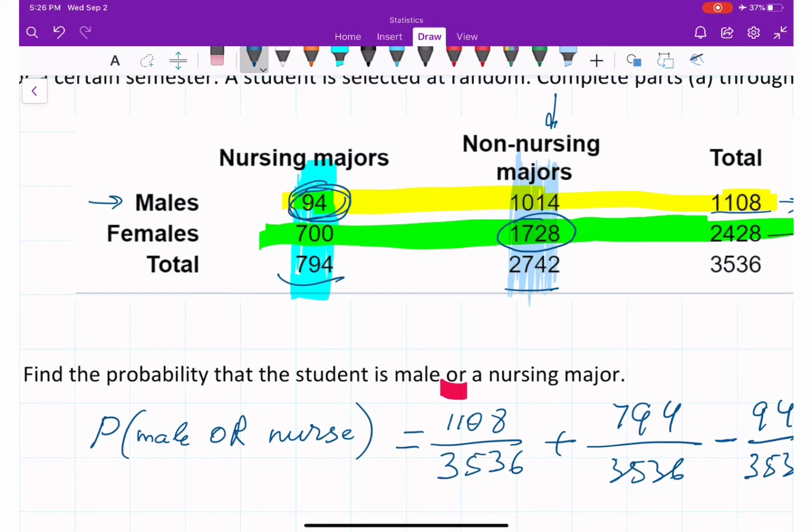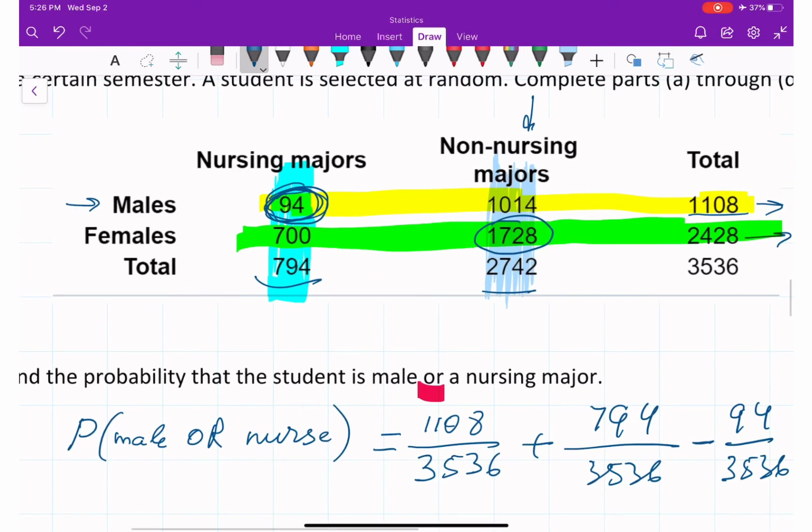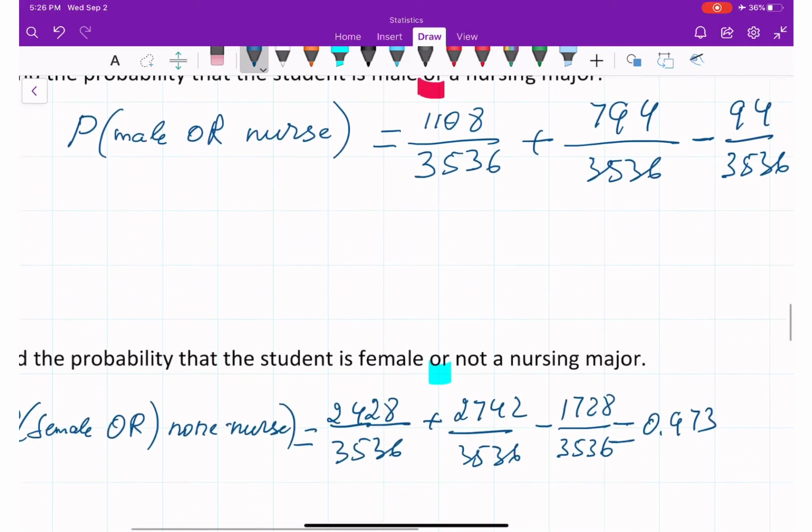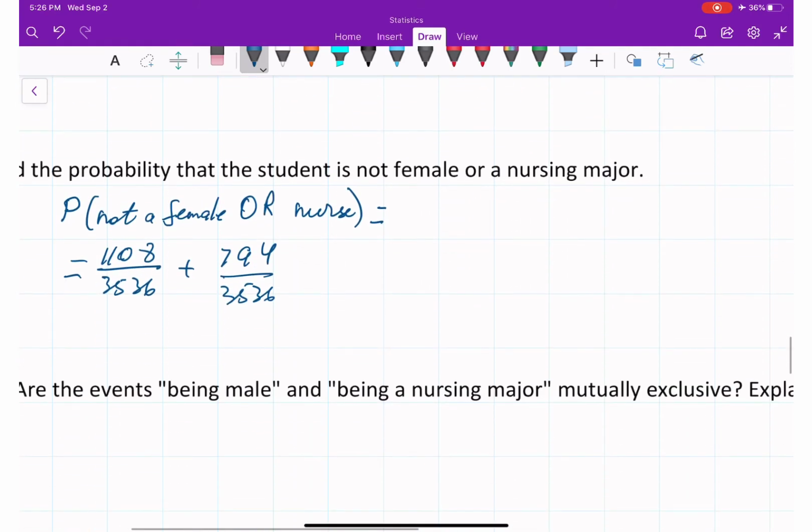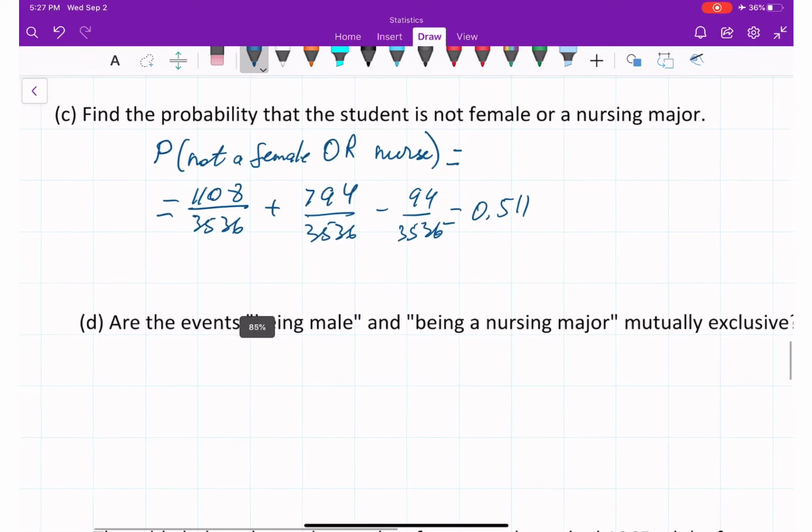Male, again 94, it's gonna overlap, right? It's light blue and yellow at the intersection because we are dealing with non-female, which is male, and we are dealing with nurse major, which means 94, it's gonna again be subtracted. Minus 94 over 3536. And result is 0.511. By the way, I'm rounding till 3 digits.